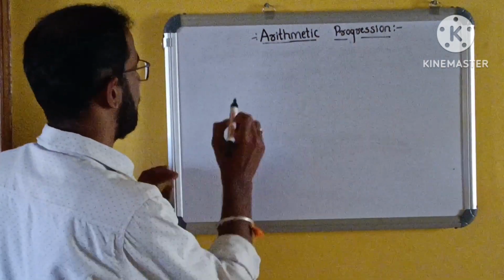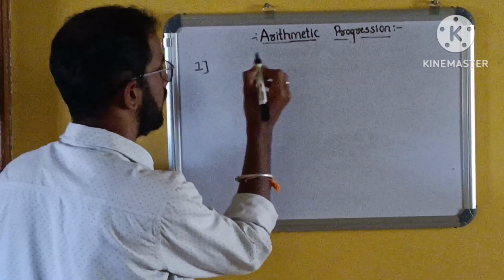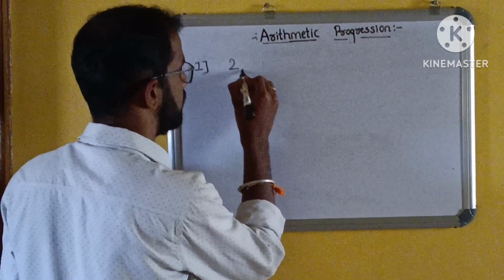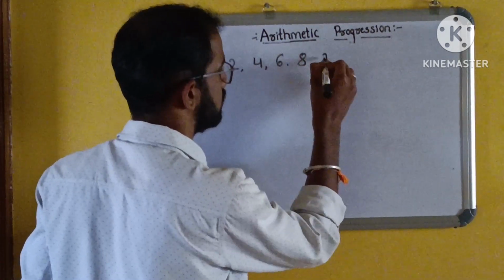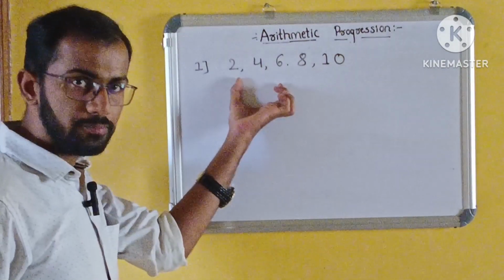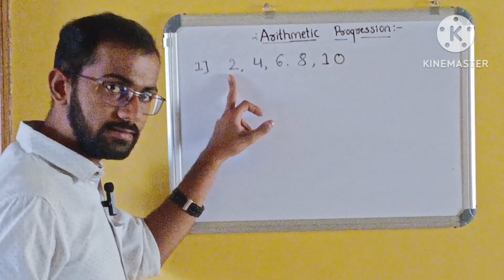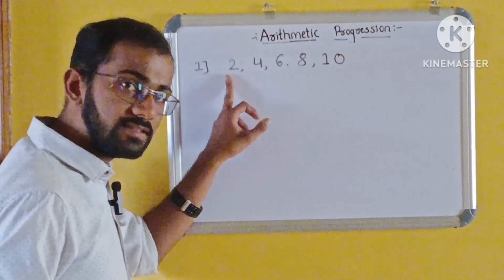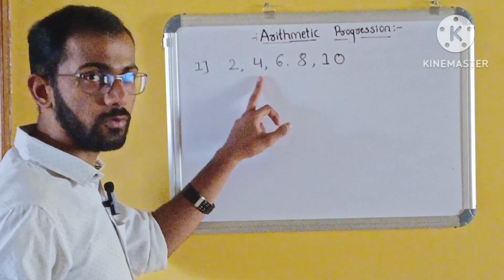Now let's consider one sequence. It is an arithmetic progression. Here 2 is the first term. To the first term, if we add 2, we get 4.